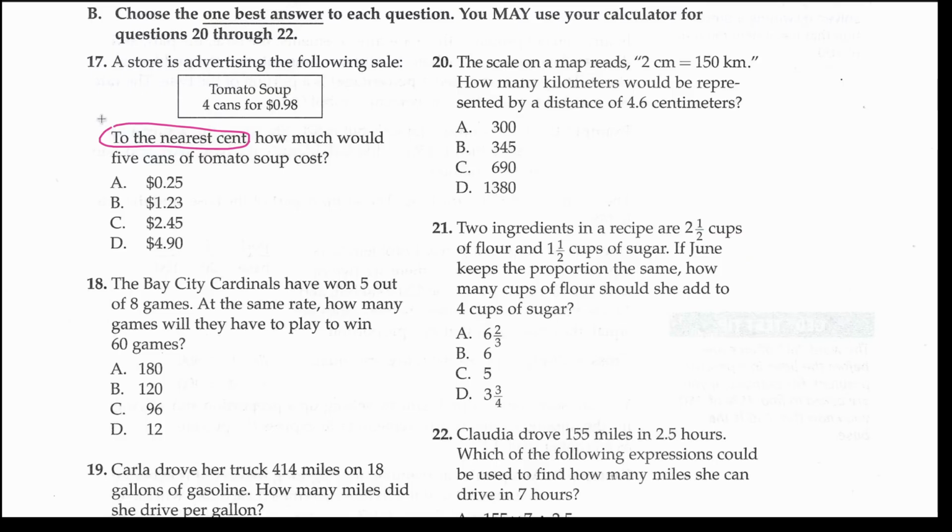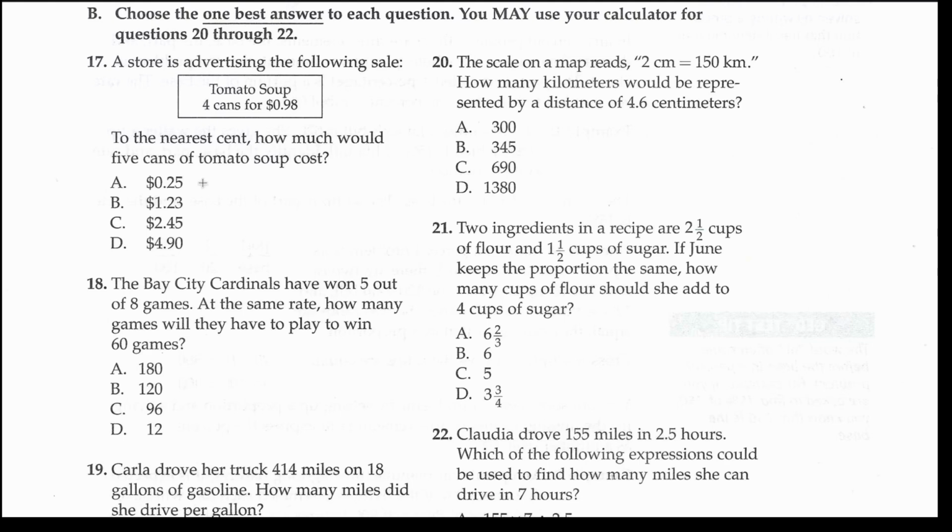That is saying that when you get your answer, you should round to the nearest penny. To the nearest cent. How much would 5 cans of tomato soup cost? So to get the 5 cans of tomato soup cost, we have to set up the first ratio that's given to you right there.